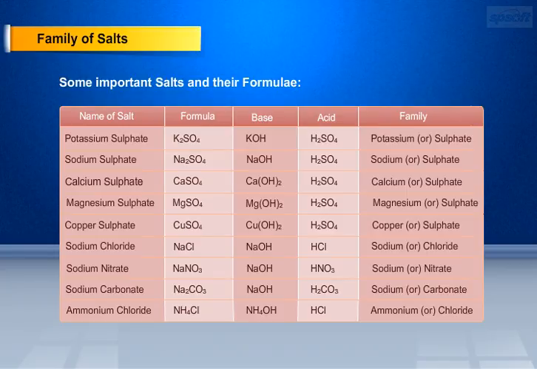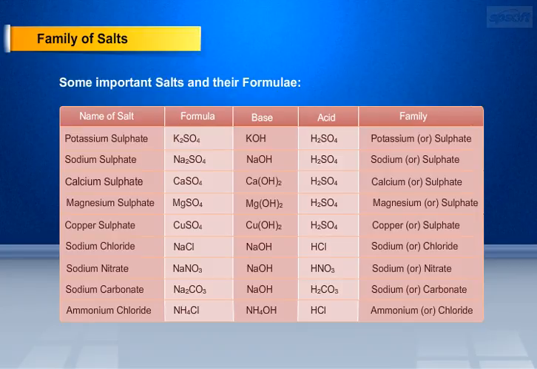Formula for sodium nitrate is NaNO3. Its base is NaOH, and acid is HNO3, and it belongs to sodium, or nitrate family. Formula for sodium carbonate is Na2CO3. Its base is NaOH, and acid is H2CO3, and it belongs to sodium, or carbonate family.